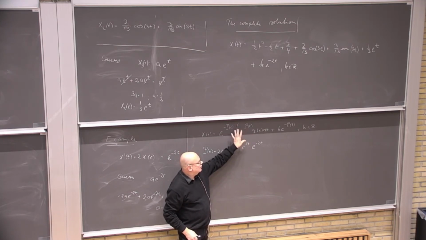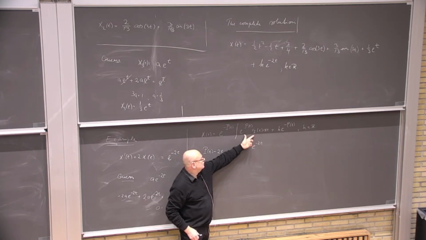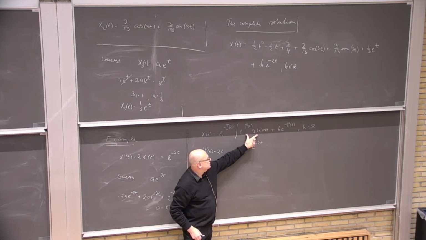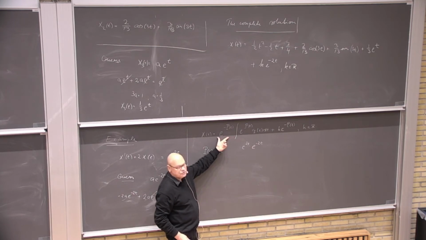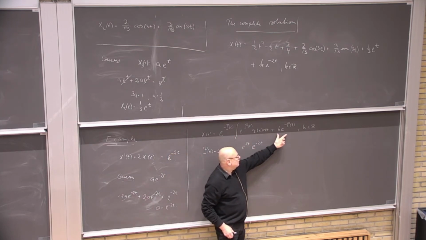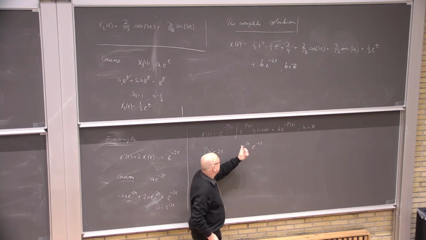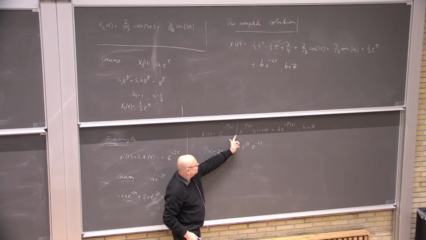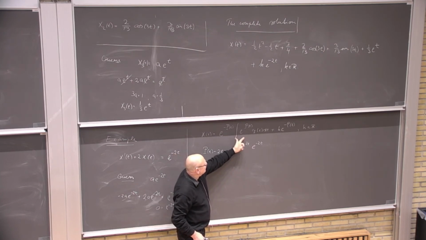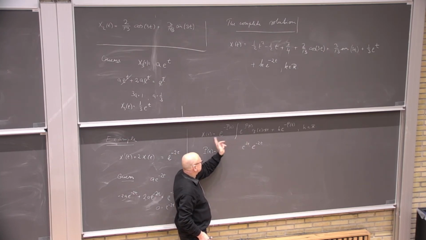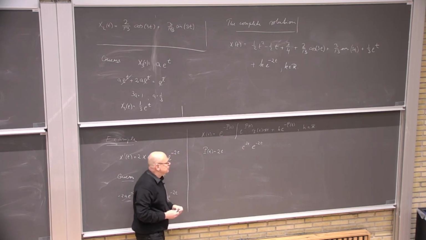So your complete solution tells you that you should have a particular solution which is t times the solution to the homogeneous problem. Here you have the solution to the homogeneous problem, and the structure would then be that you have t times the solution to the homogeneous problem.